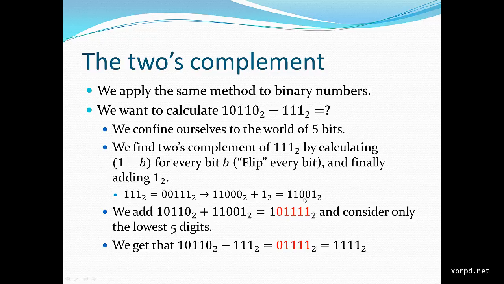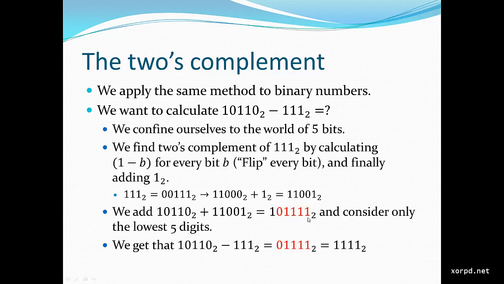Now we can just add this number to the first number. We copy it here, this number 10110, and we copy this result, the 2's complement, 11001, and we add those two numbers. We add them in the regular way with the plus operator, and we get this result.